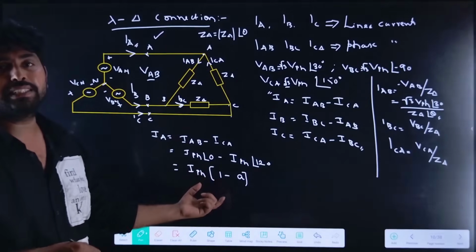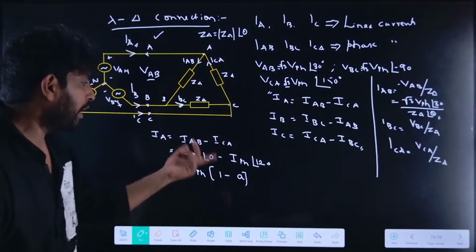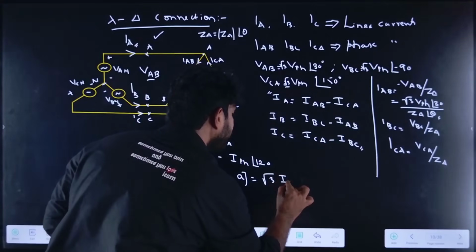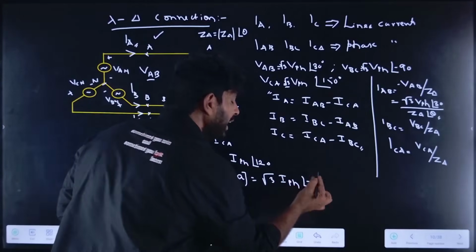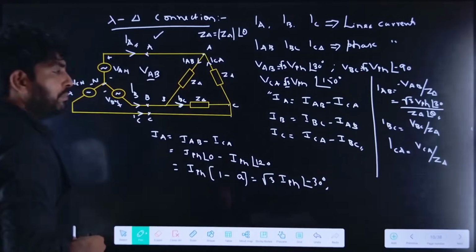So what is 1 minus a? 1 at an angle 0 minus 1 at an angle 120. We have already derived that this is equal to root 3 into I phase at an angle of minus 30 degrees.